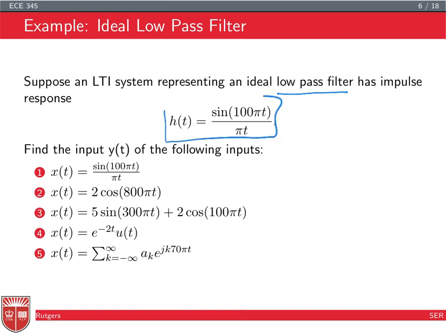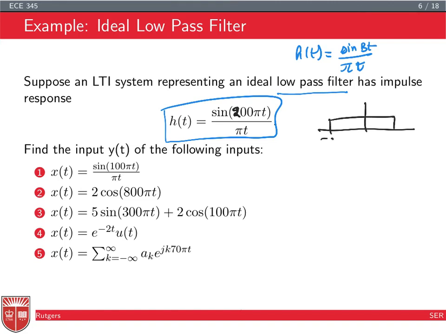You already know that the impulse response of a low-pass filter is a sinc function, so it must look something like this: h of t is equal to sine of bt divided by pi t, where the frequencies allowed to pass through the filter are between minus b and plus b. Actually, here there is a typo, it should be 200 pi, and I'll fix it later. So this is what this filter looks like.